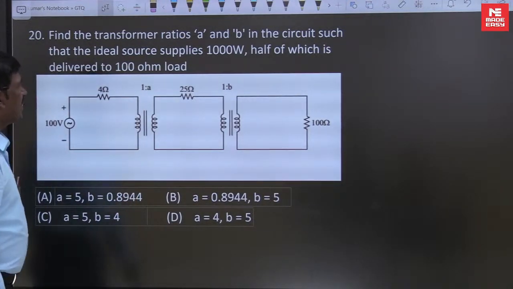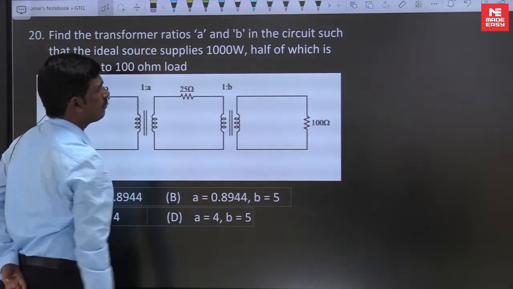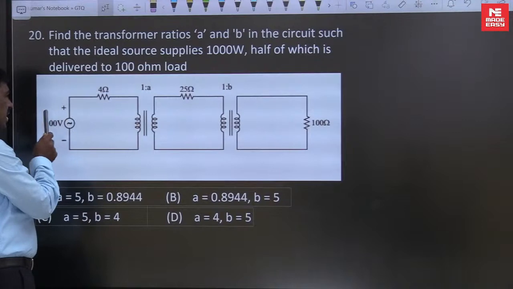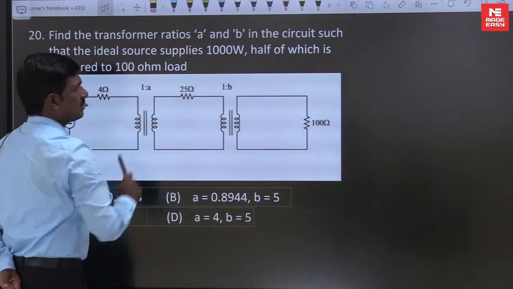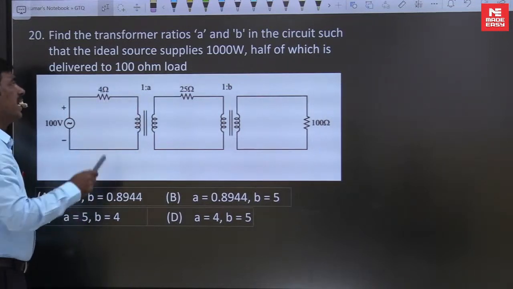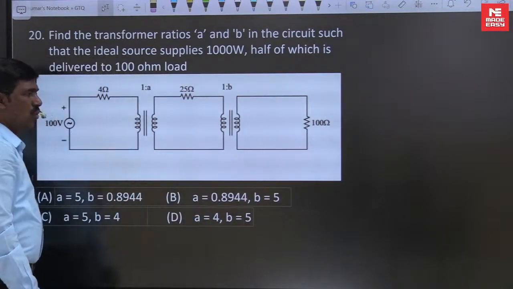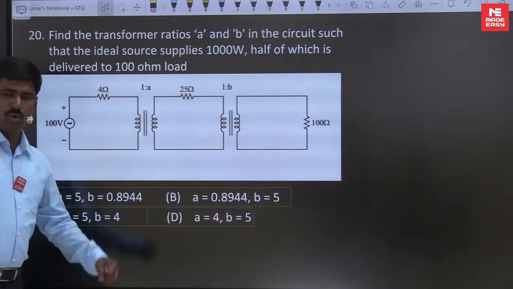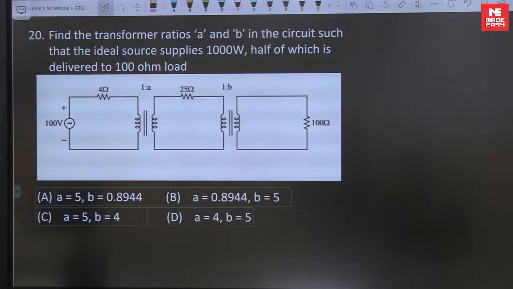The question is, find the transformer ratios A and B in a circuit such that the ideal source supplies 1000 watts, half of which is delivered to the 100 ohm load. What is the A value, what is the B value? Tell me fast.